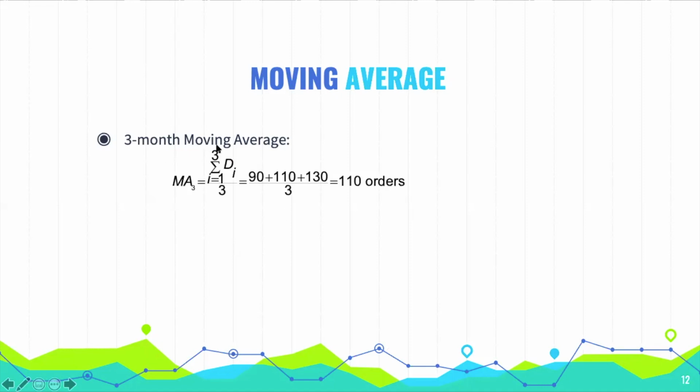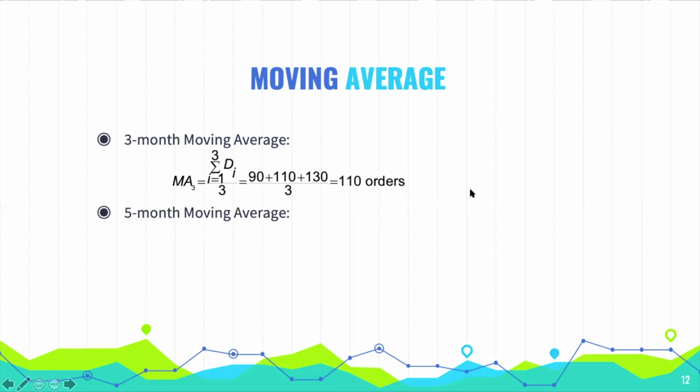The 3-month moving average, since we are looking for the forecast for November, let us look at the data for October, September, and August. So that's 90 plus 110 plus 130 divided by 3 months. So the moving average for the past 3 months is 110.